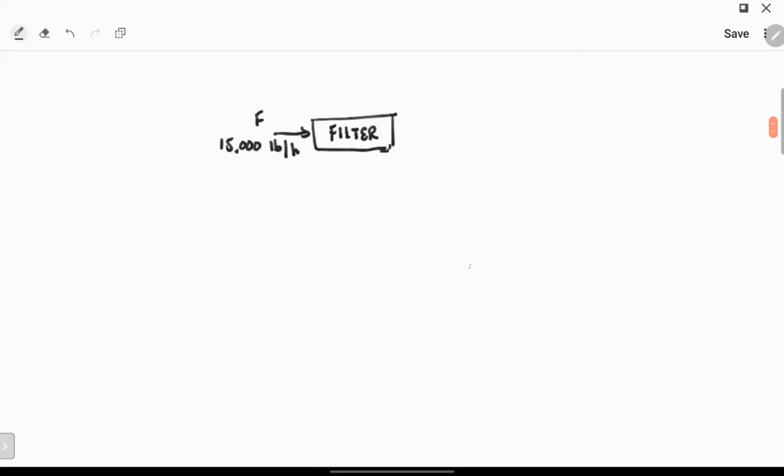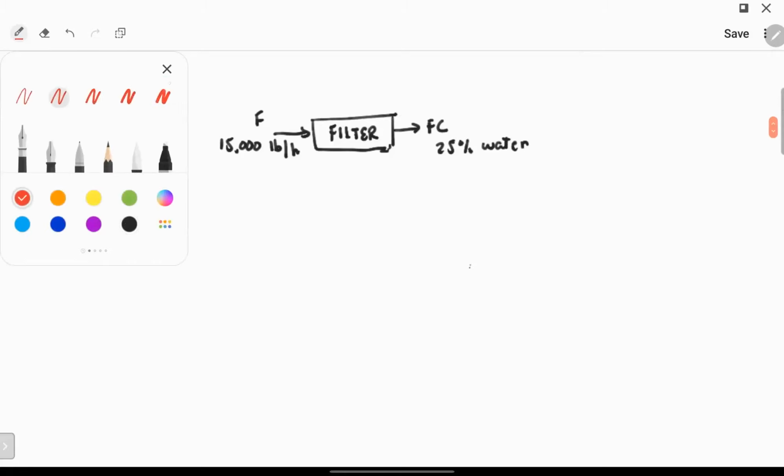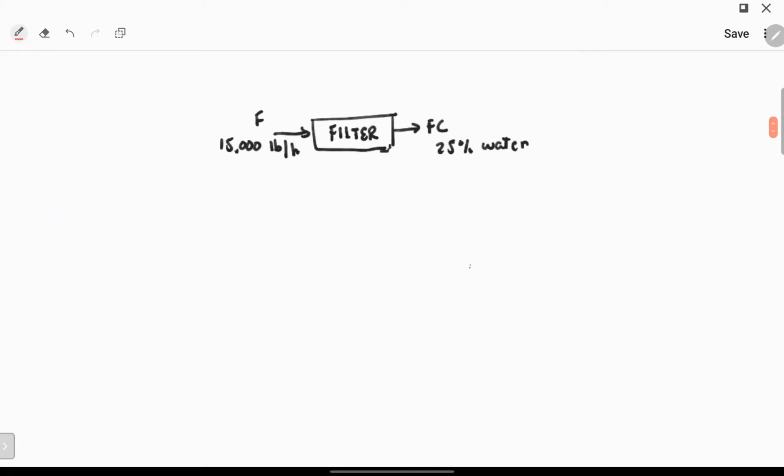And then, yung filter cake natin, ang sabi sa problem, ang composition niya ay 25% water. So filter cake is made of 25% water. So therefore, we can infer, or we can calculate automatically na the balance is yung solids natin. And malamang, mas maraming solids kaysa kay water because ito yung ating filter cake already.